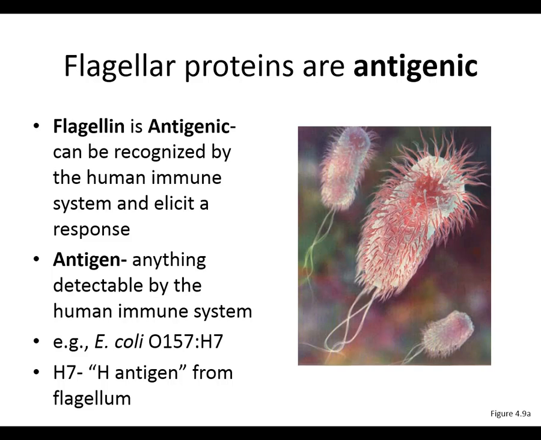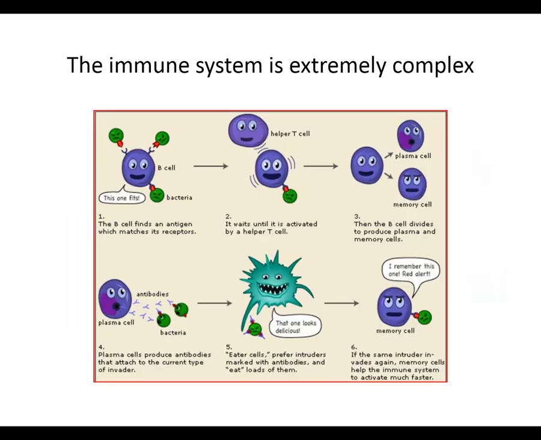That person will have an immune response just from the tails themselves. Does that make sense? The tails are enough to tip off your immune system that there's an enemy around. Got it? Okay. In other words, flagellar proteins are antigenic. Your body will recognize them.